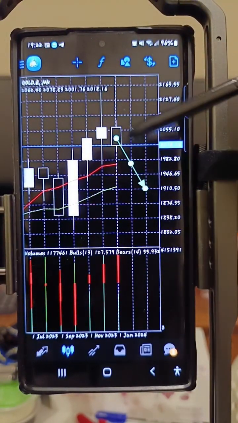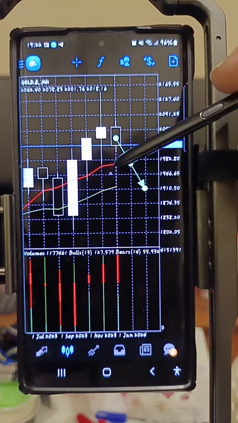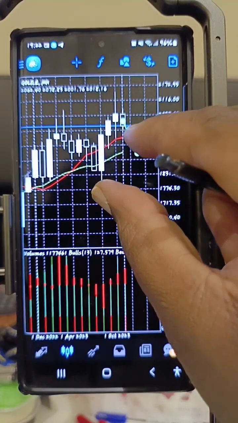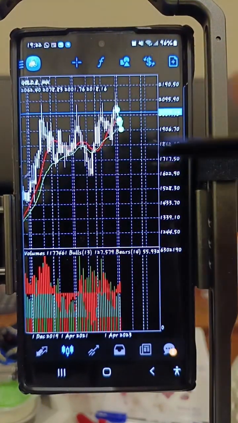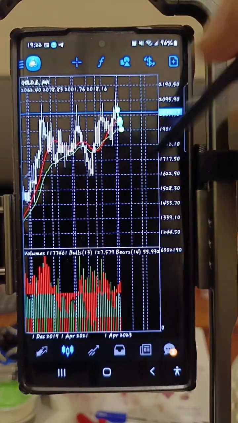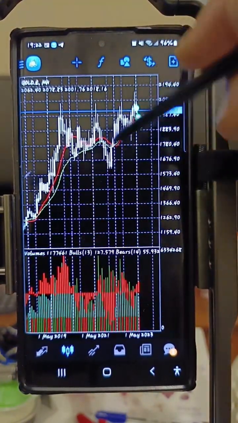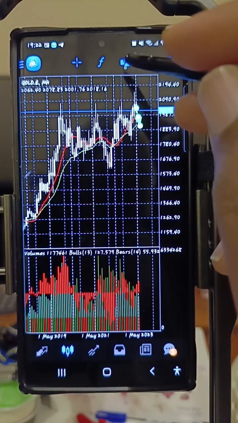But here, it's above the 10, above the 20. So the next thing I'm going to do now is from the low point to the high point, I'm going to draw my fib.